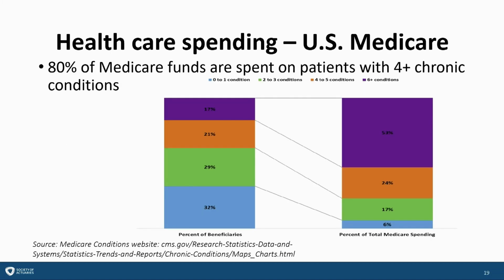In the U.S., in terms of healthcare spending, those who are involved in Medicare, the left-hand side is the percentage of beneficiaries with these multiple conditions, and you can see the cost of having multiple conditions just skyrocket in terms of the percentage of total.